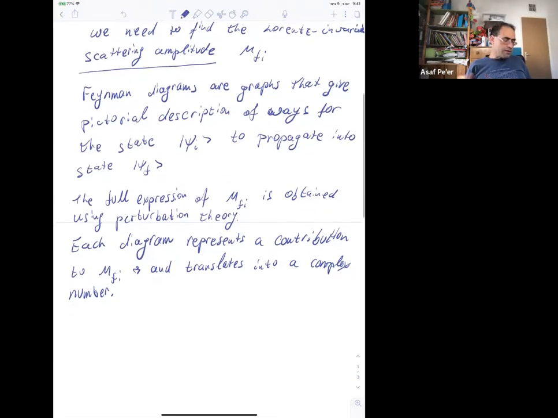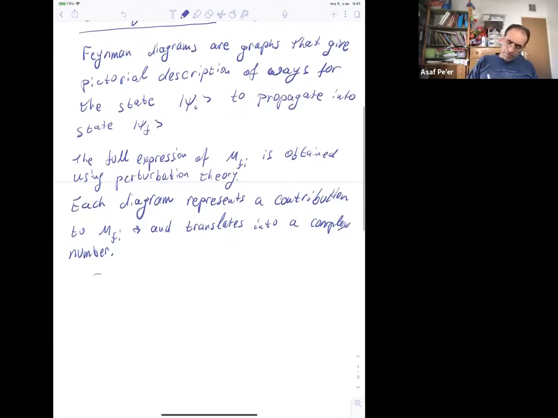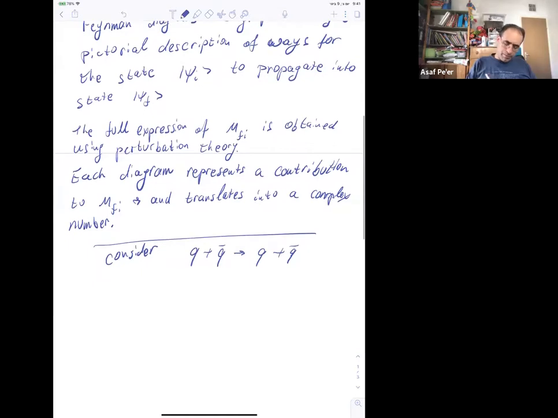So let's start with a very simple expression, right? So consider a quark-antiquark scattering, Q plus Q bar goes to Q plus Q bar. This is an electromagnetic scattering between a quark and an antiquark.